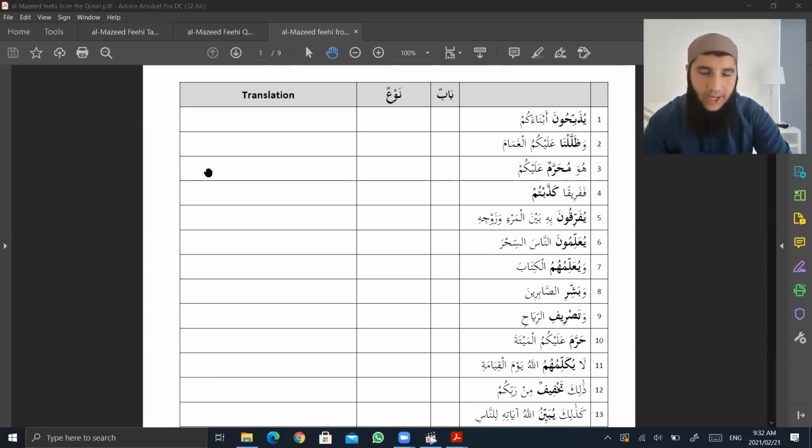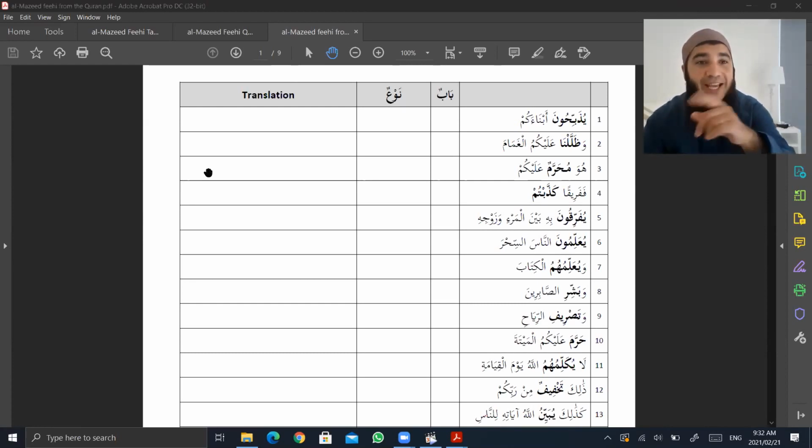Second bab, Maulana. It comes from the second bab, right? نوع الكلمة, what type of word is it? Let's go across the scale and see. حرم يحرم تحريما، محرم. محرم حرم لا تحرم.